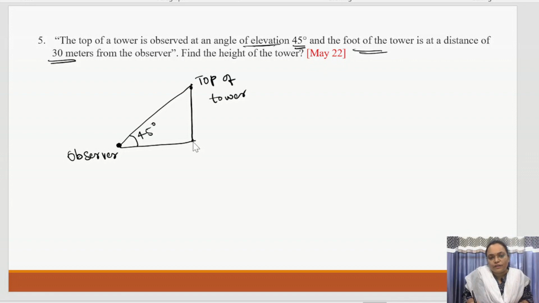If you take a point to be the observer, this is the top of the tower. Draw the angle, that is 45 degrees. This is the foot of the tower, at a distance of 30 meters from the observer. We need to find the height of the tower.